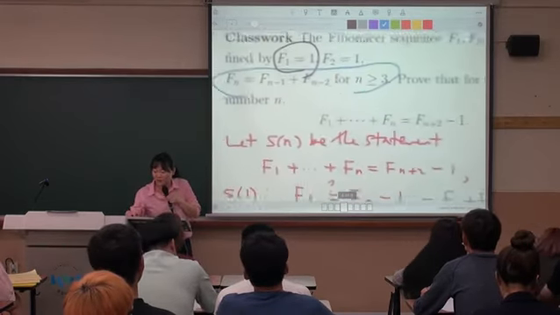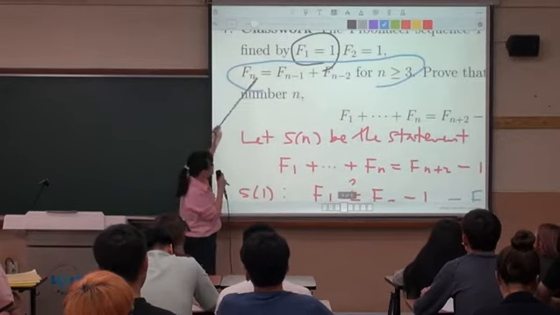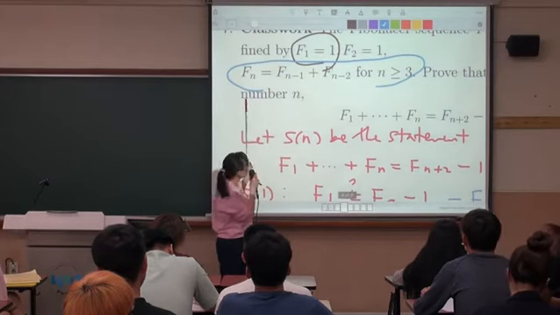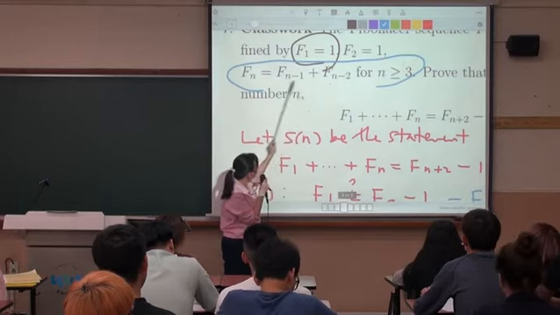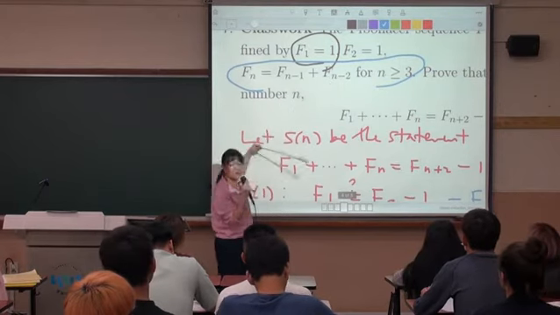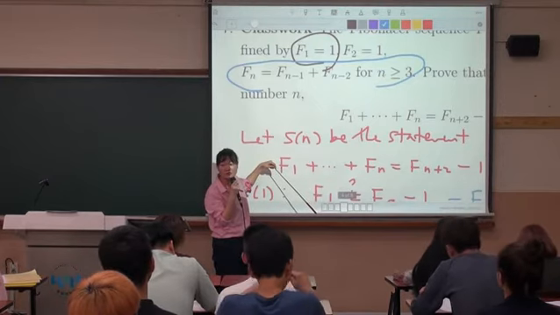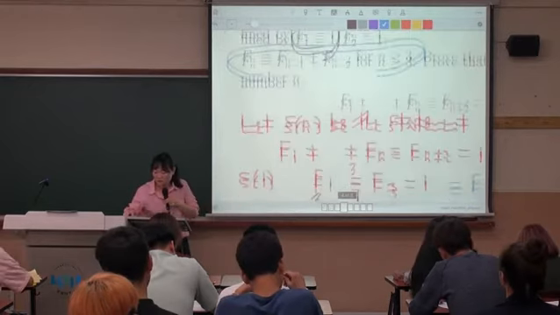This formula is true when this subscript here is bigger than or equal to 3. So that means I can apply this when this is 1 and that's 2. 이때부터 계속 apply 할 수 있는 거죠. 맞죠? Yes.